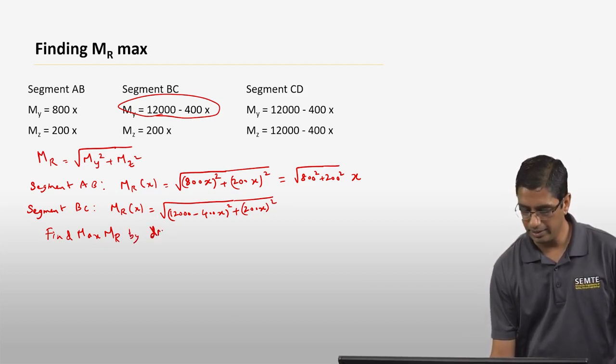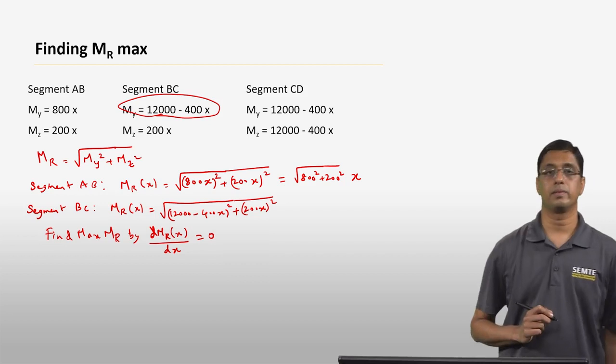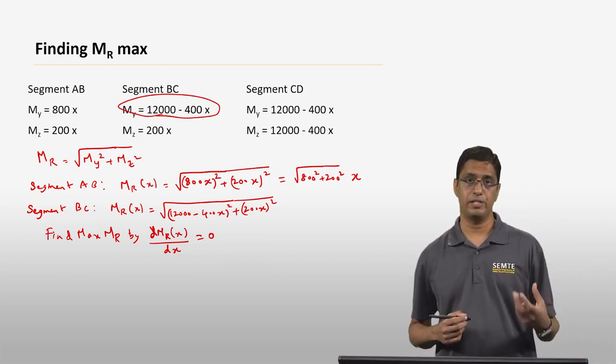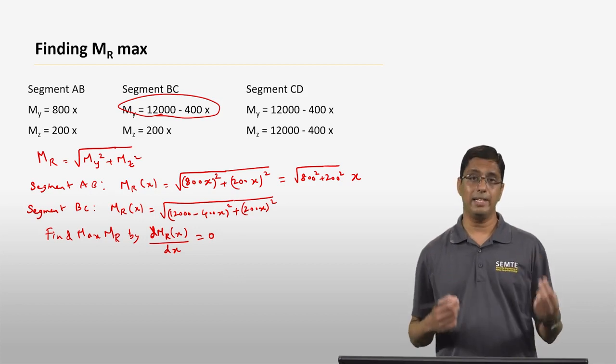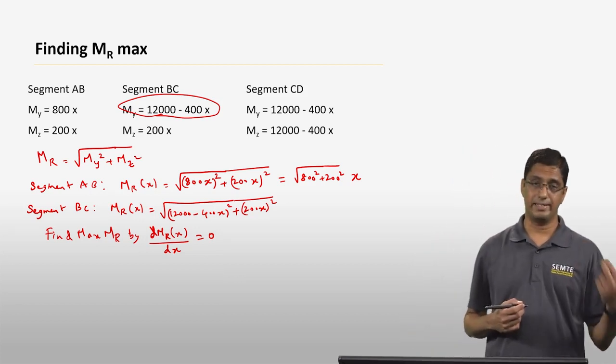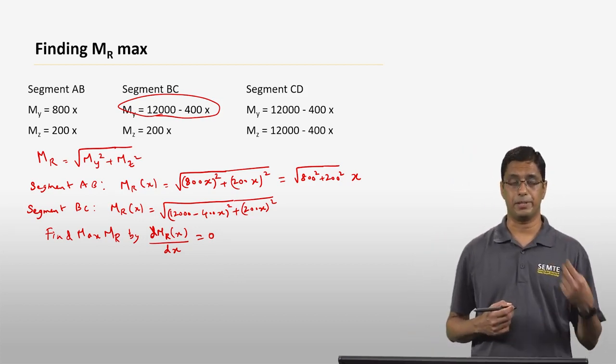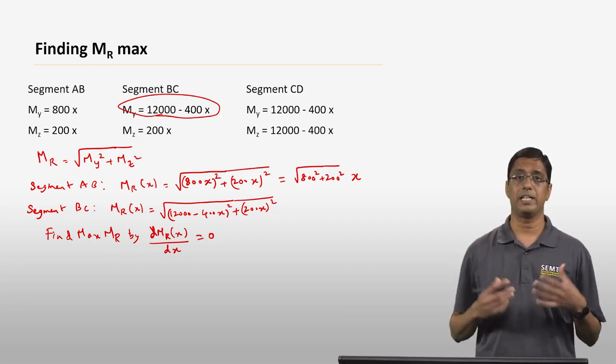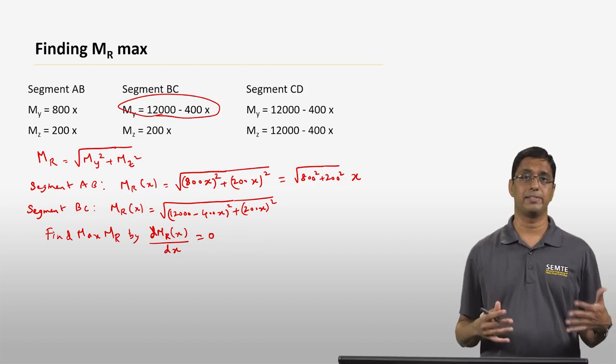In this case it's a single variable, so it's dMR of x by dx, and then equating it to 0. Then you find out the value of x for which this function becomes 0, and you ensure that you take the second derivative of MR with respect to x and make sure that the second derivative is less than 0. Okay, so that's the way you maximize MR of x.